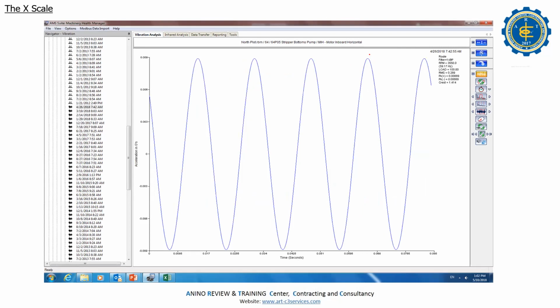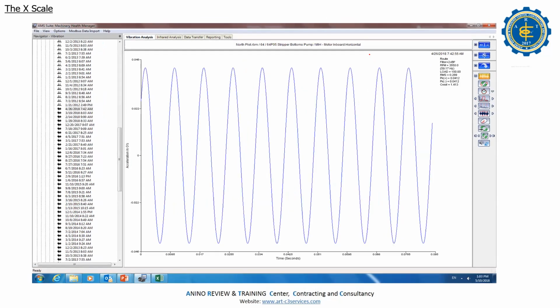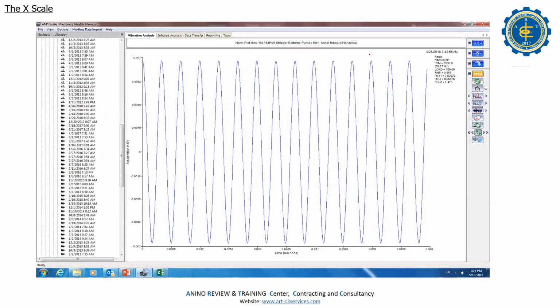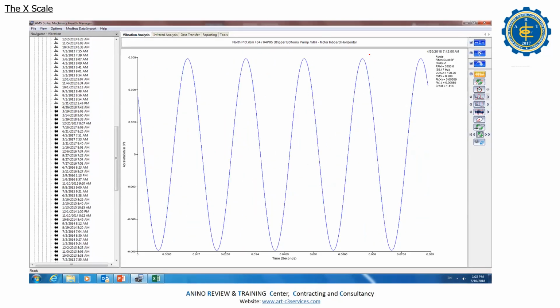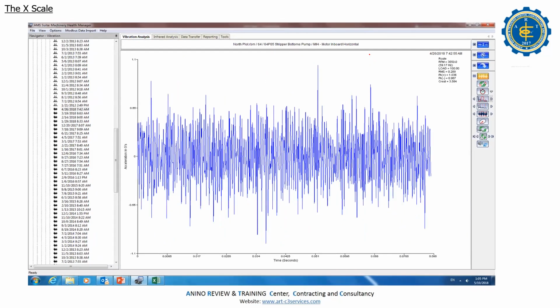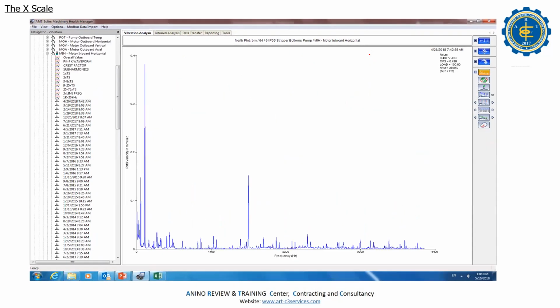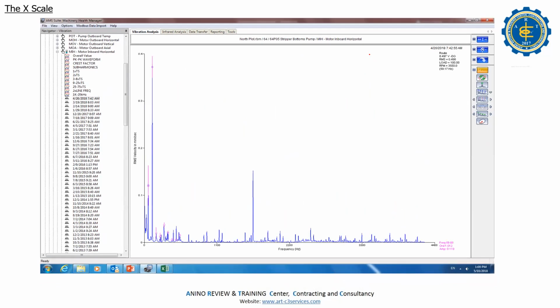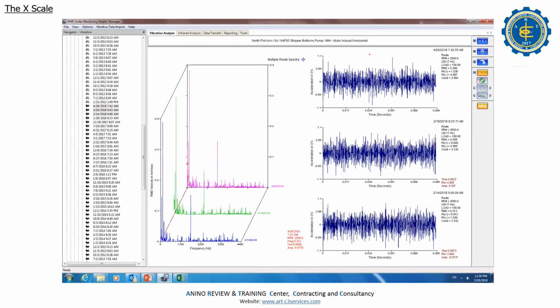So this is the time waveform. Then this is the spectrum. Maybe you know this one already. In your ecom, you can do this also.